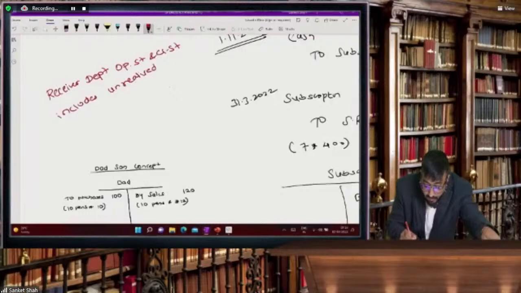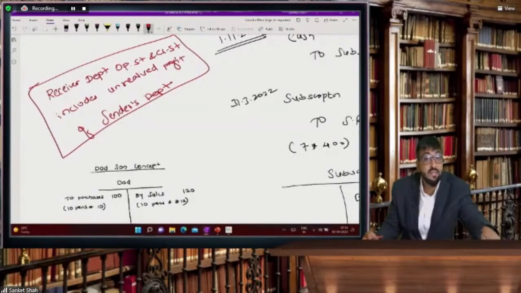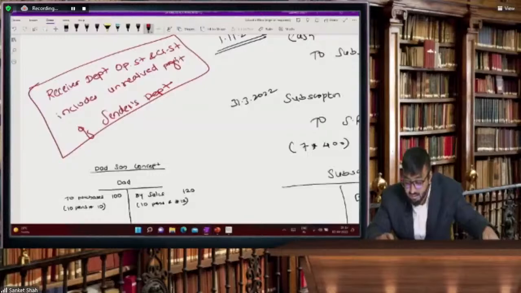Unrealized profit of sender's department. Whose unrealized profit? Sender's department. Yes.